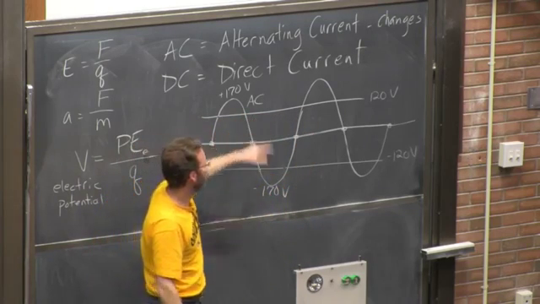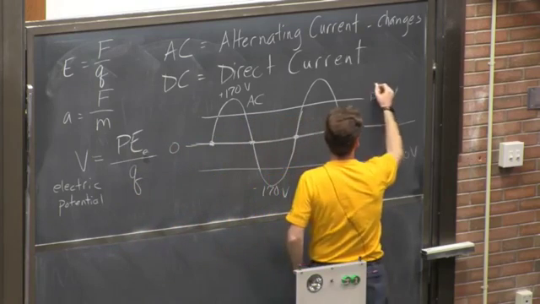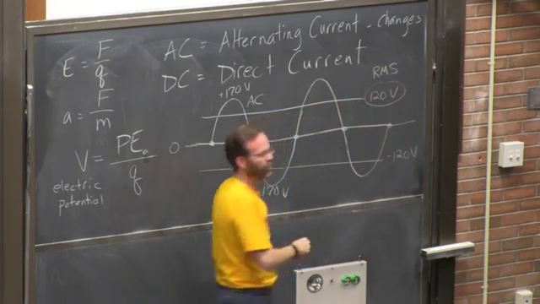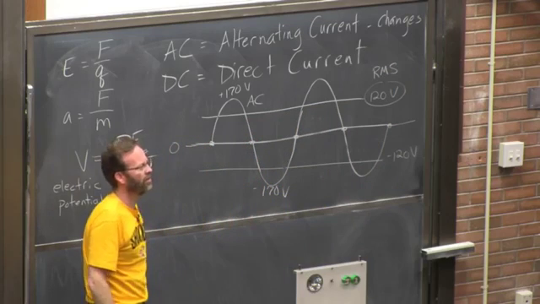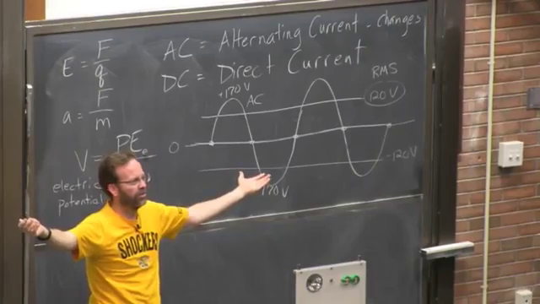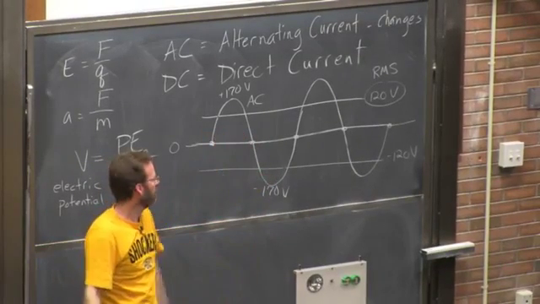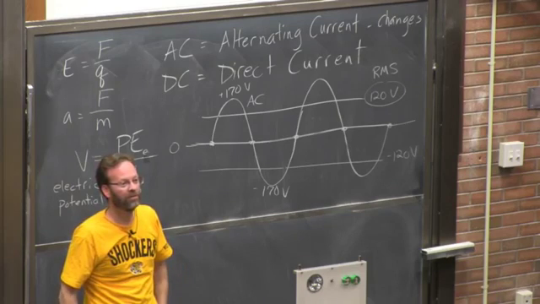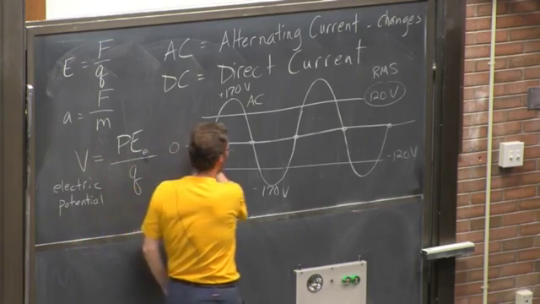So some of you have probably heard, and I'm not holding you to it, this is called the RMS voltage, root mean squared. Because it's always changing, what value do you use? We could use the average, but what is the voltage on average? 0. That won't help us.